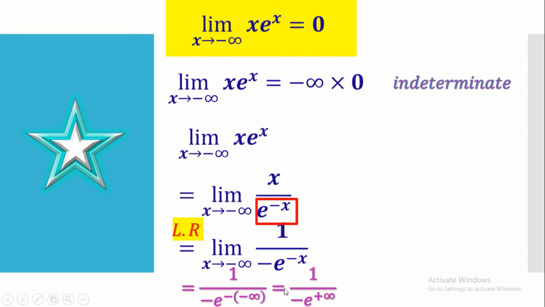Note that exponential plus infinity is plus infinity. If we multiply it by minus, it will give us minus infinity. Now 1 over minus infinity gives us 0. Therefore, we can say that the limit as x tends to minus infinity for x exponential x will be 0.